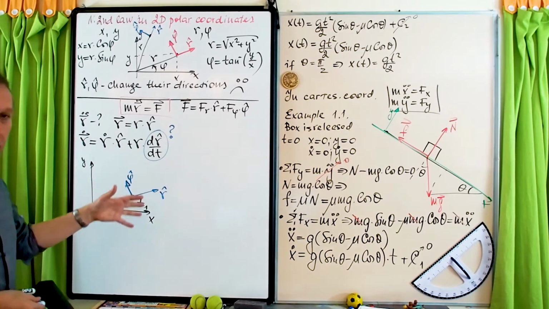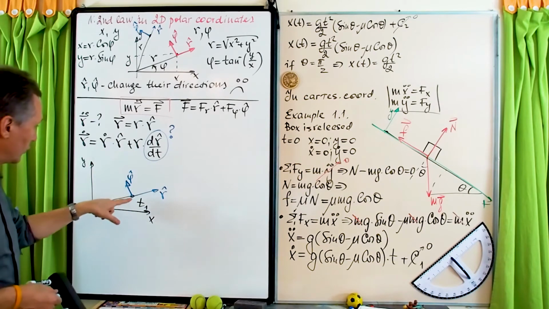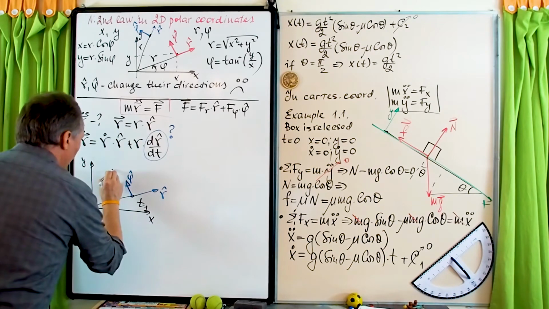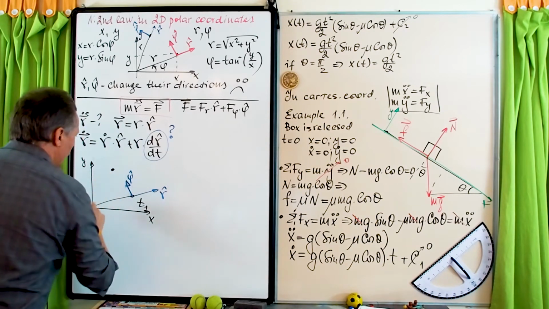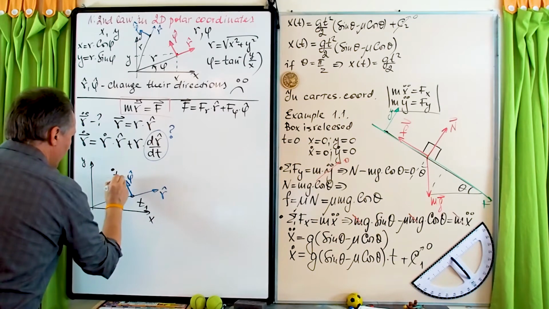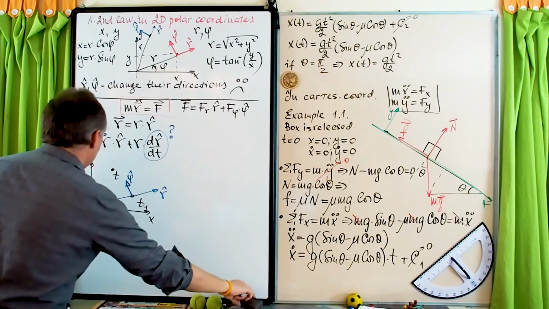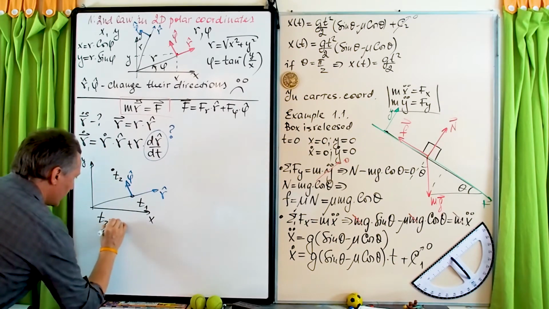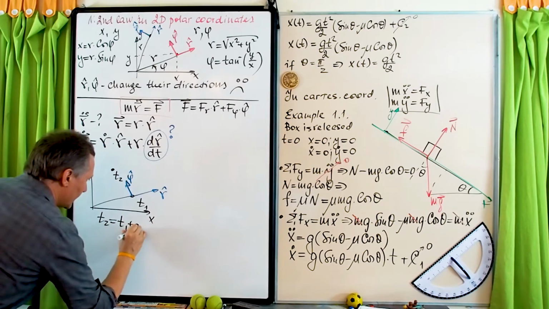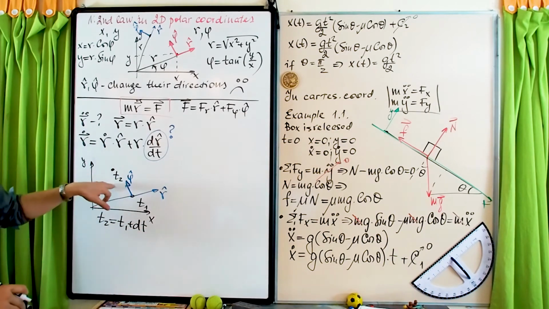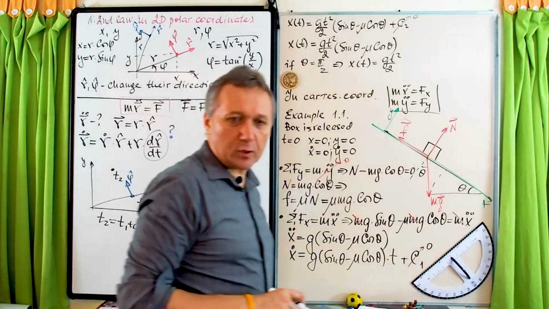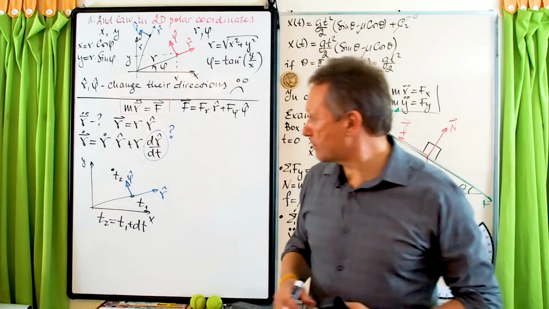Then after a moment of time dt, of course, the object will move somehow. Let's assume it will be over here. So this will be at the moment of time t2, and let me write underneath that t2 equals t1 plus dt. Usually I try to write it on the picture, but now I don't have enough space.